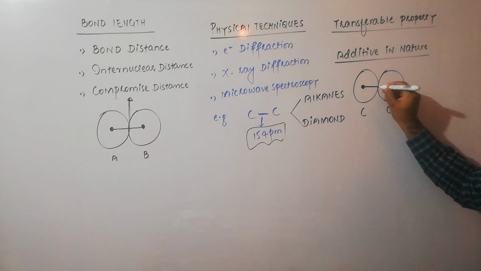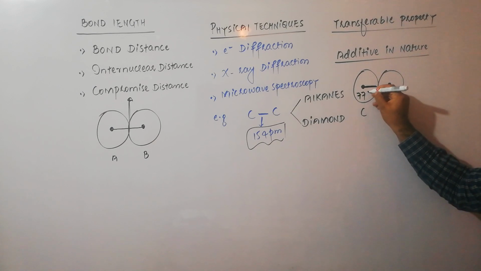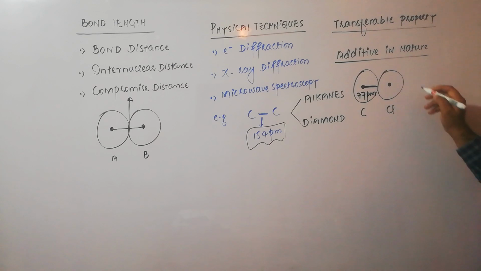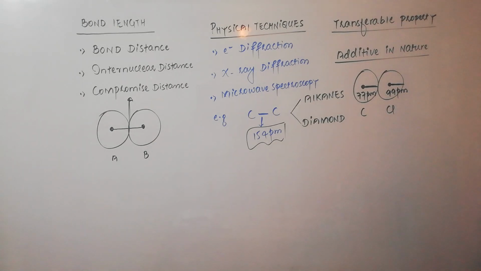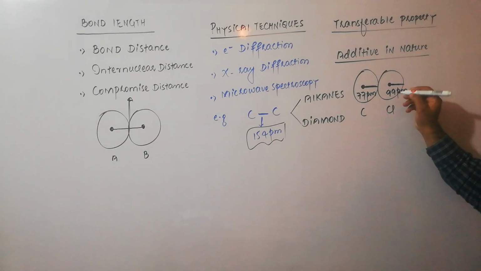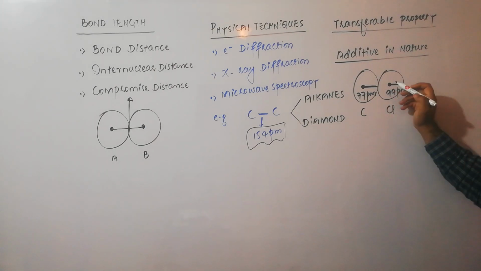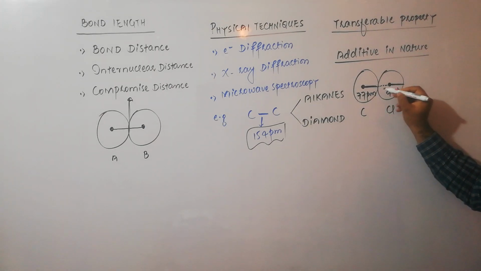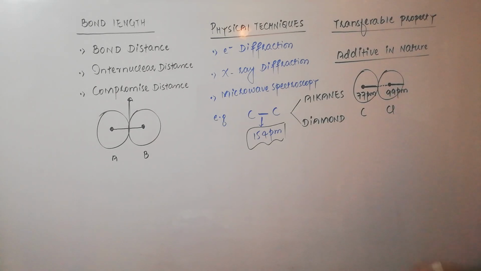You know that the atomic radius of carbon is 77 picometer and that of chlorine is 99 picometer. And when we find their bond length, which is actually the internuclear distance, let me show that it is also the radius of the chlorine atom, that is 99 picometer. Whether you show it in this direction or in this direction, it will be 99 picometer.